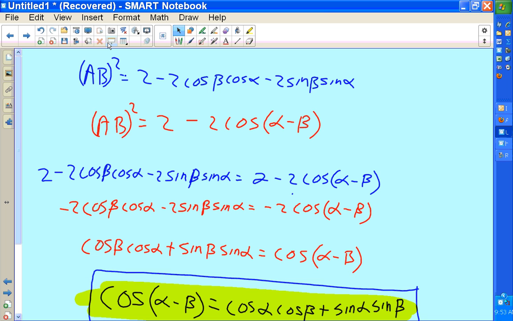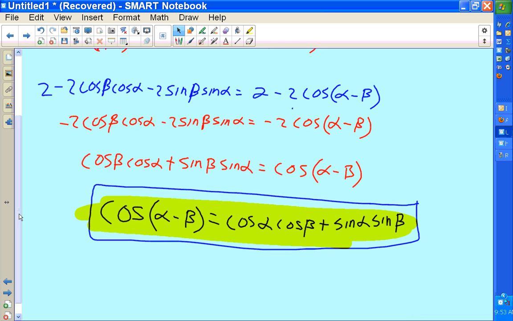And if we switch that around, the cosine of the difference between two angles will equal cos alpha cos beta plus sine alpha sine beta. And that is the cosine of a difference formula.